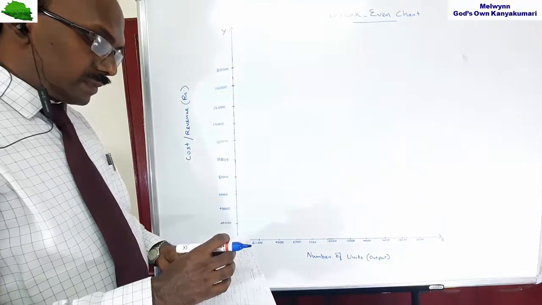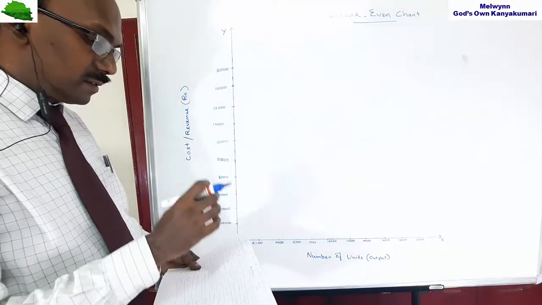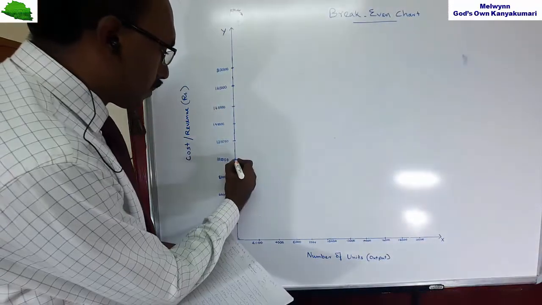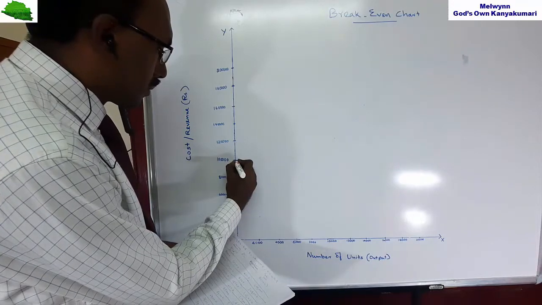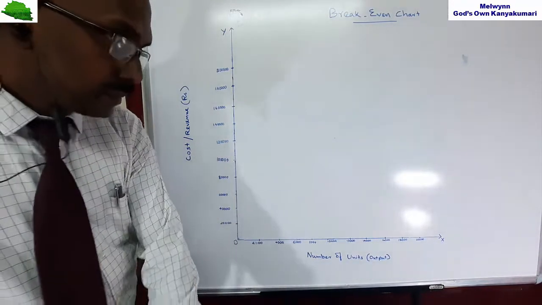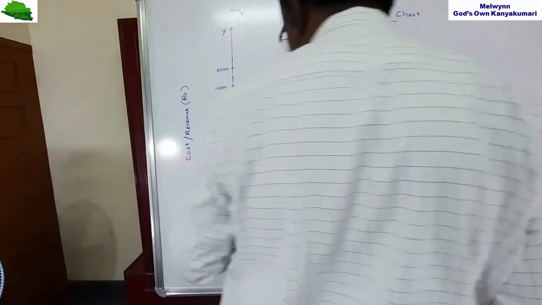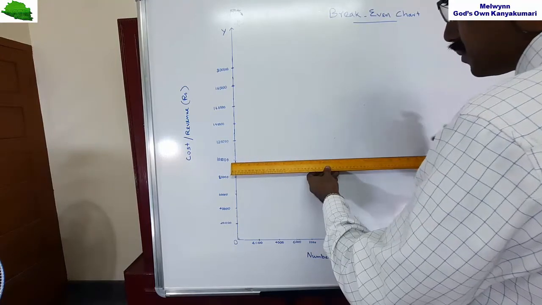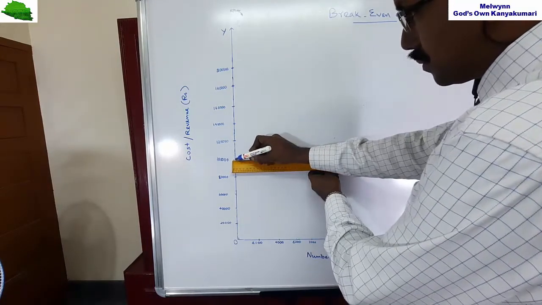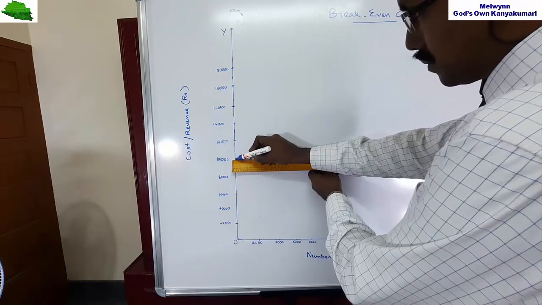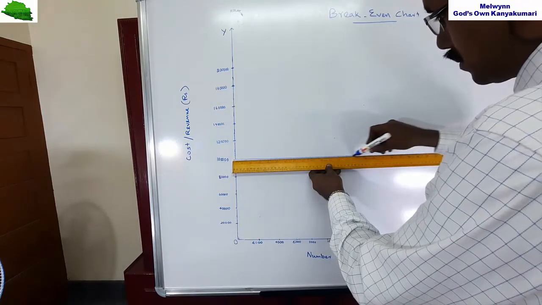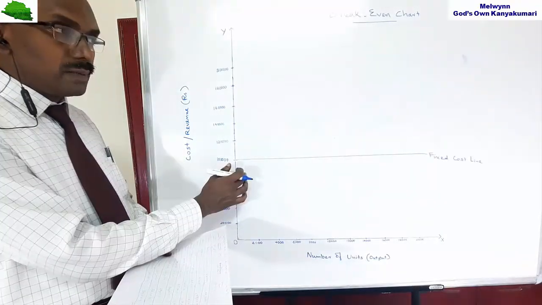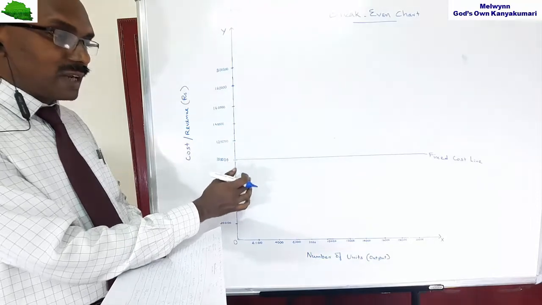Given data, you see the table, fixed cost is rupees 1 lakh. So 1 lakh. Now this line is fixed cost line. Fixed cost is constant in all the levels of output.